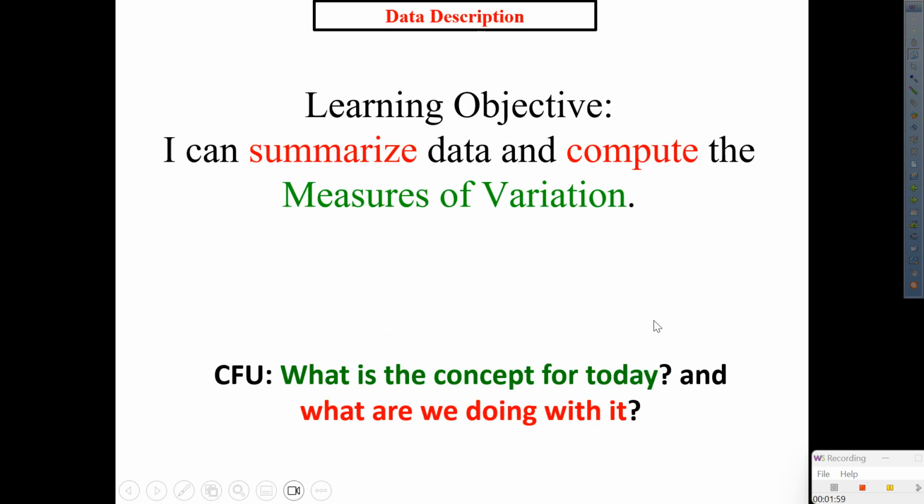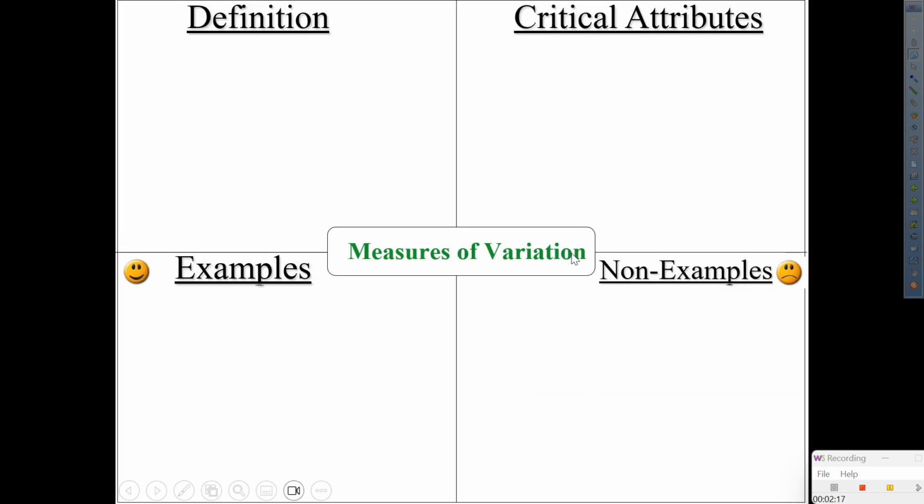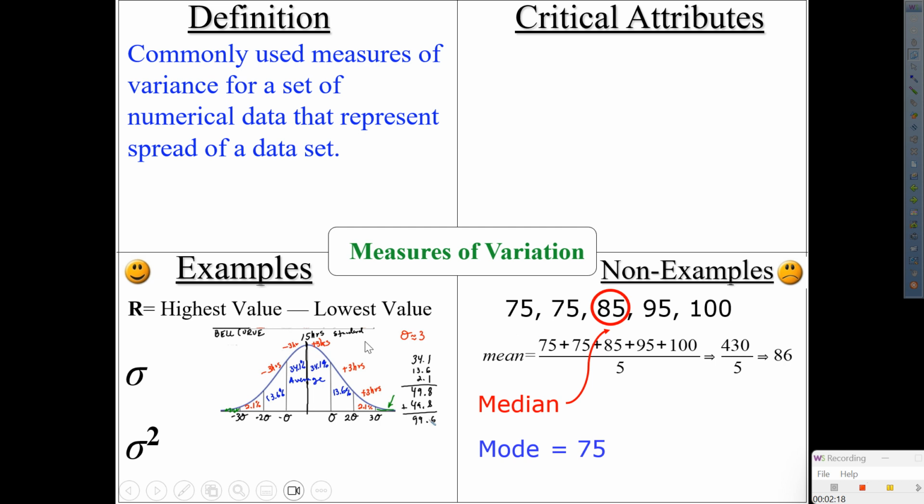So there's no code for today, just giving you the presentation. All right, I can summarize data and compute the measures of variation. So we've been on this for a while already. We know the measures of variation are range, standard deviation, and variance.